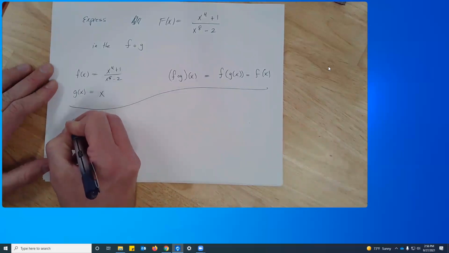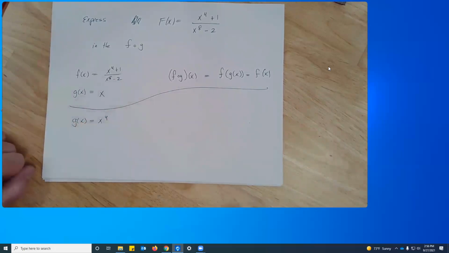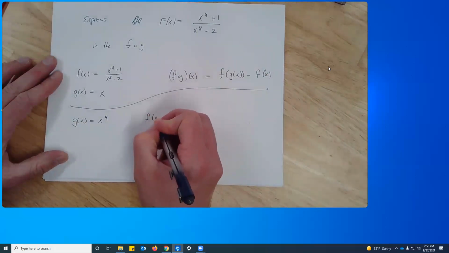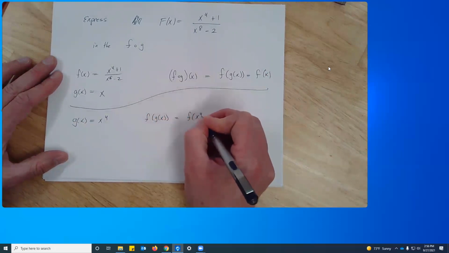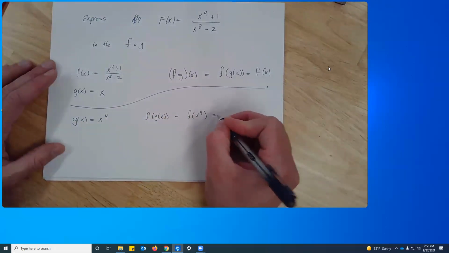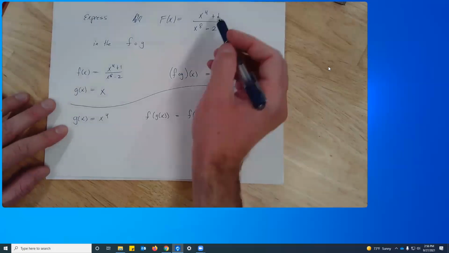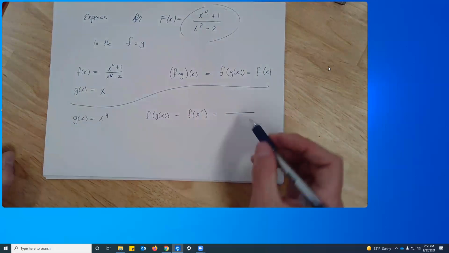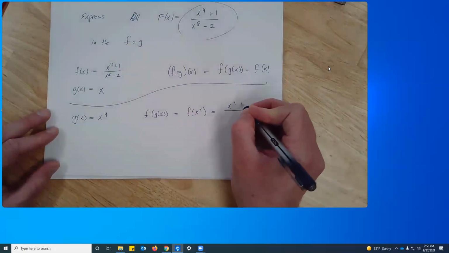Because if the inner function, which is g of x, is x to the 4th, then f of g of x is going to be f of x to the 4th. I just need to put an x to the 4th in. So that's kind of weird. How am I going to get that to work? I want this to be that. If I'm plugging in x to the 4th, I want to get out this.